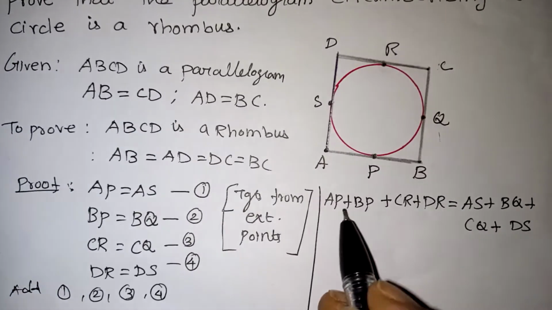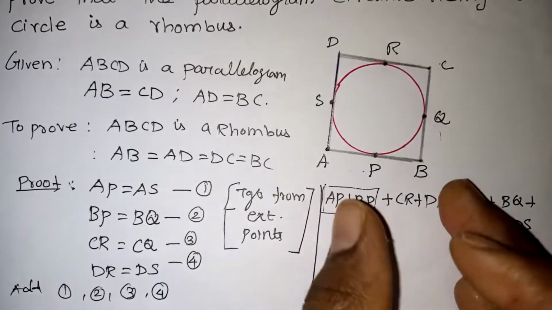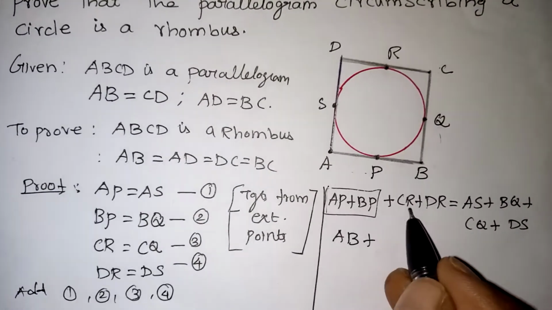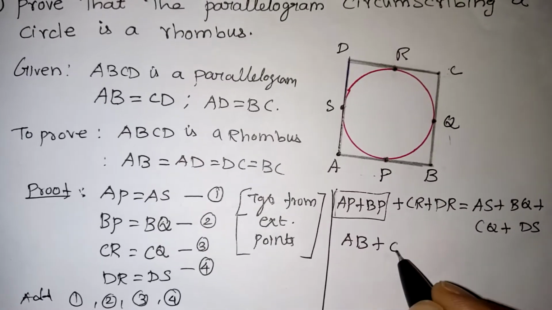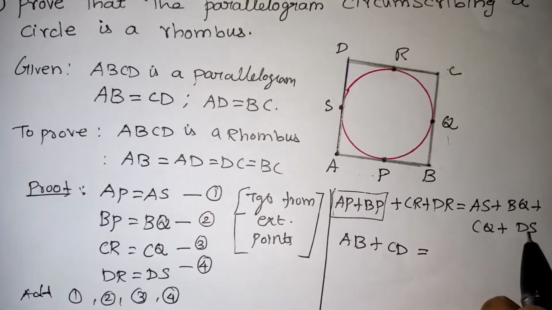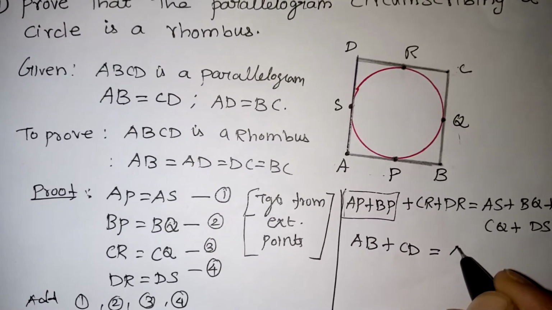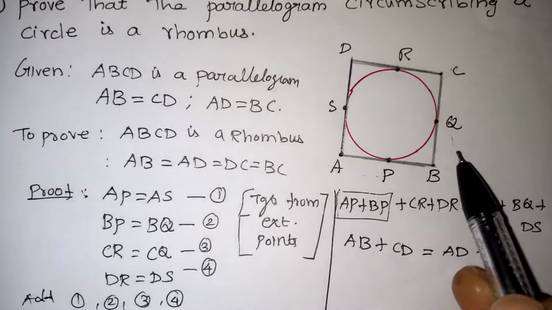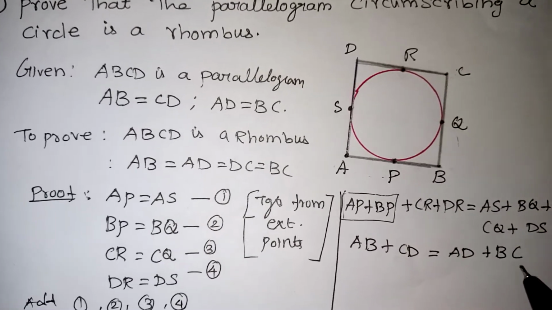By looking at the diagram, AP plus BP will give you AB. CR plus DR will give you CD. On the right side, AS and DS can be added together, that will become AD. BQ plus CQ added gives BC. So we have written up to this.